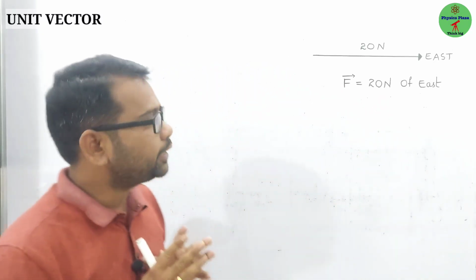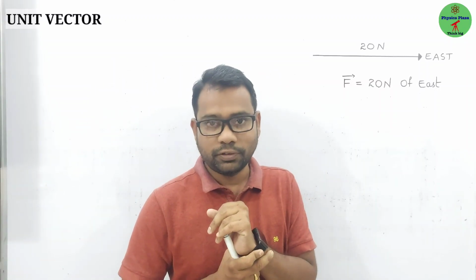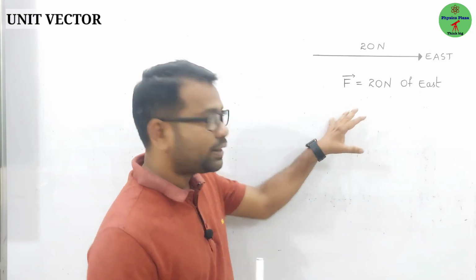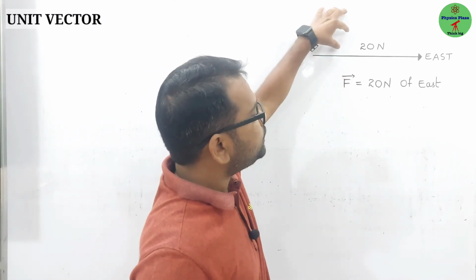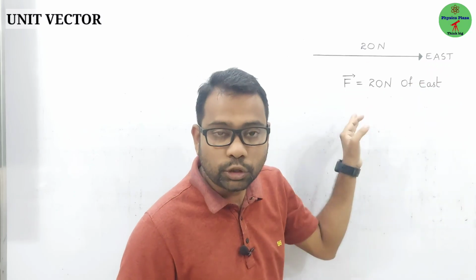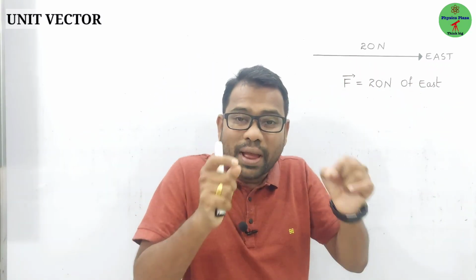Suppose, children, let us consider the force vector. As per our example, a force of 20 Newton is acting towards the east. Here 20 is what actually? It's the magnitude.